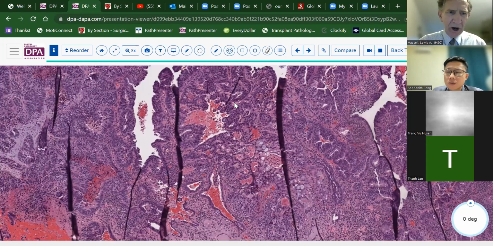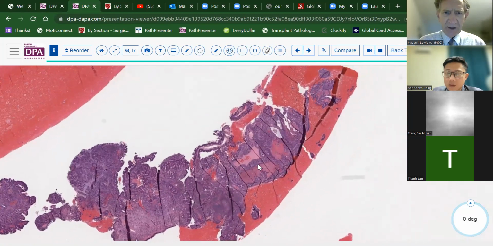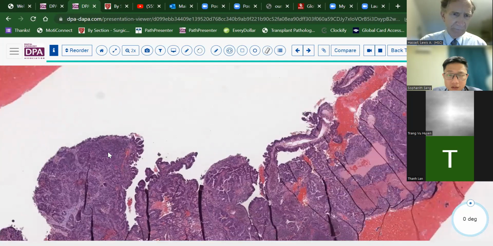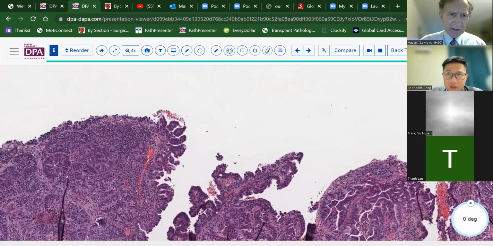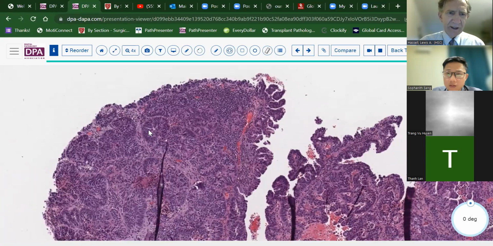So I think by and large, I would favor the likelihood that this is serous carcinoma based on the presence of those very high-grade nuclei and the micropapillary structures. Here you see a little bit of it there on that surface nicely. But recognizing that some of these tall columnar glands could be seen in endometrioid type adenocarcinomas.